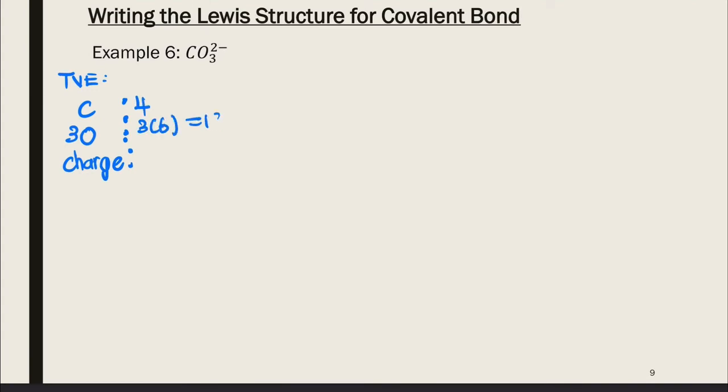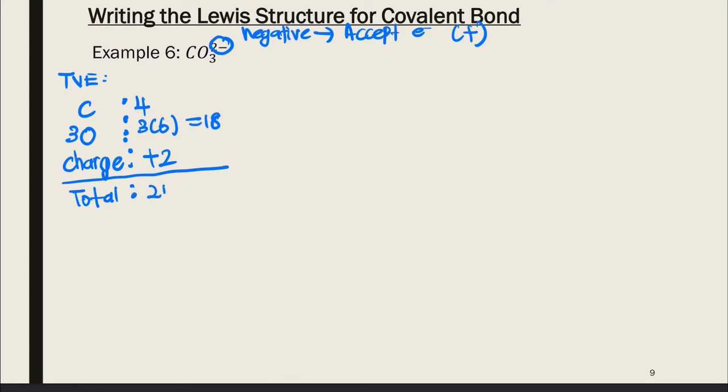Maksudnya, okay, dia charge negatif kan? So meaning to say the electron is accepted ataupun the electron is added into the molecule. So bila dia accepted, dia added, charge itu kita akan jadi +2 bila kita kira total valence electron. So the total valence electron for this ion is 24.